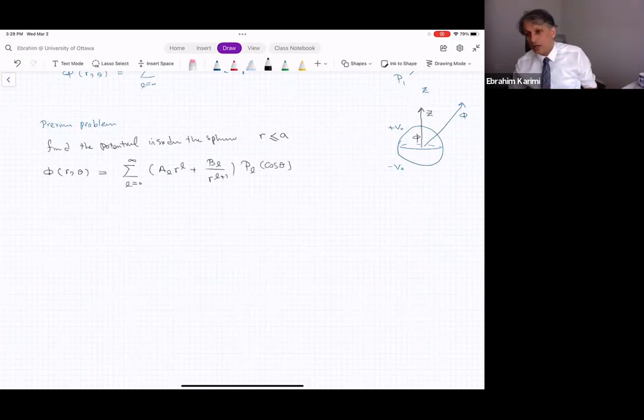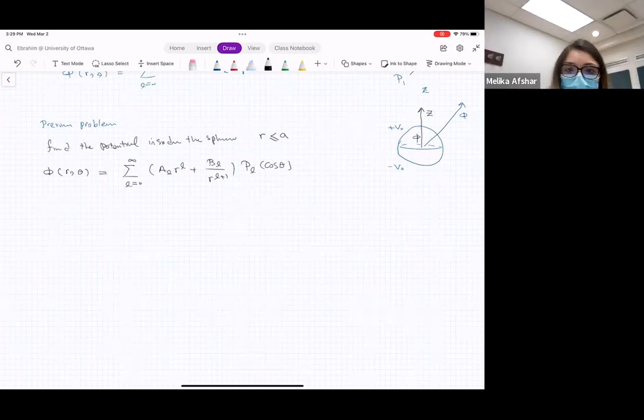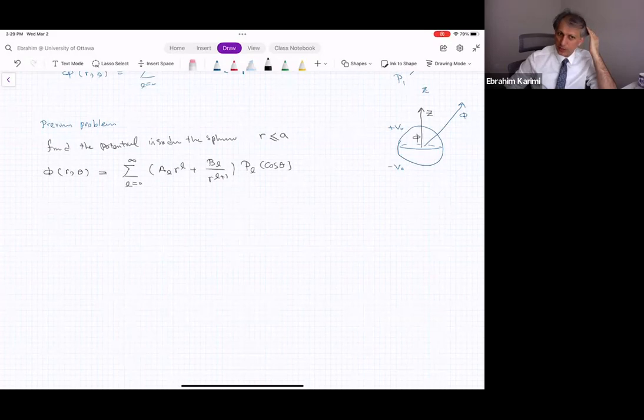Now, what are the conditions that we have for potential? Let me ask someone, like Melika. So you ask, what are the conditions for potential? Because we have two parameters, AL and BL, and we have to determine them.